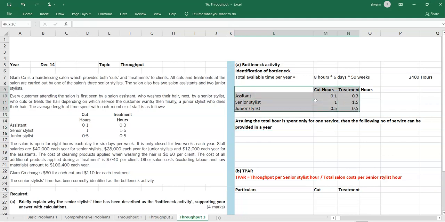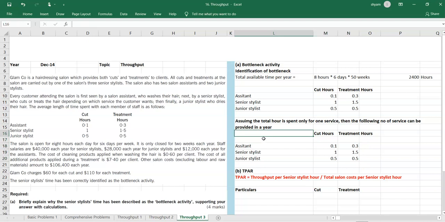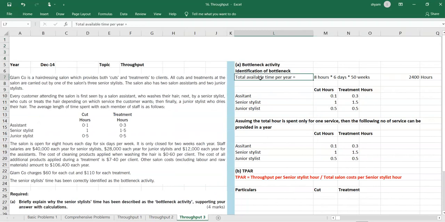So we'll get all these numbers and we'll put it. So how does this concept work? See, the concept works like this. We have to first get the available hours. So assume that we are going to only produce this.